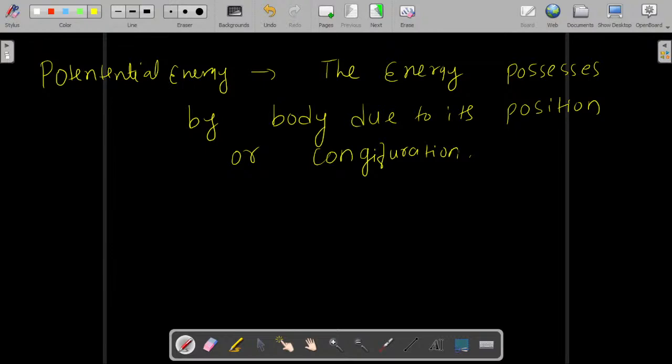Here you are just lifting the object to a height h. It means you are doing some work. That work is converted into potential energy. Okay. Next, last question.